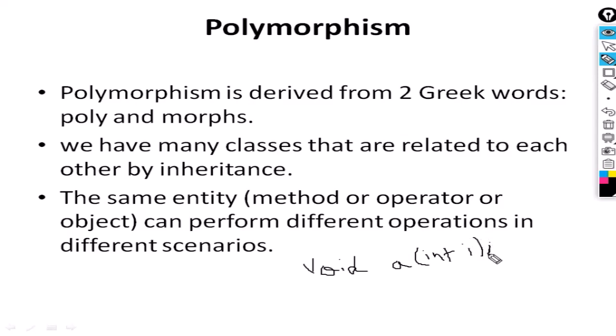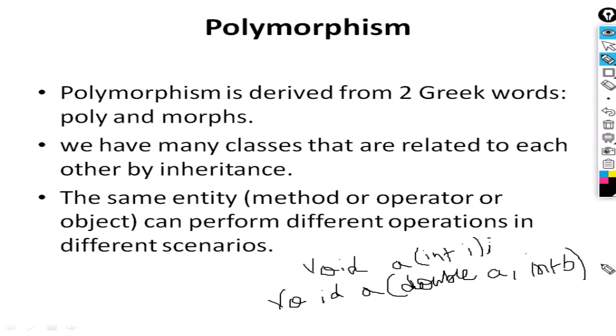And again you may have void A with two arguments, double A, int B. So like that, there are different scenarios we can identify. This is called the signature. Signature means how many arguments there are, so we can identify the method based upon its signature.